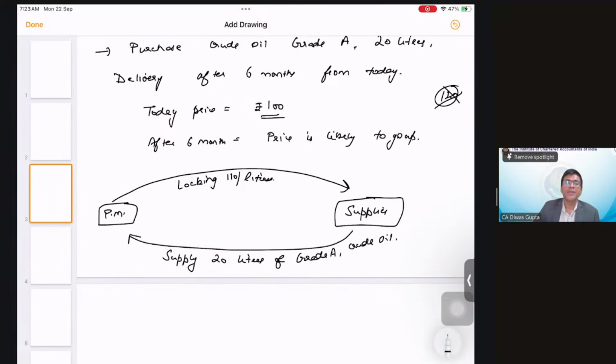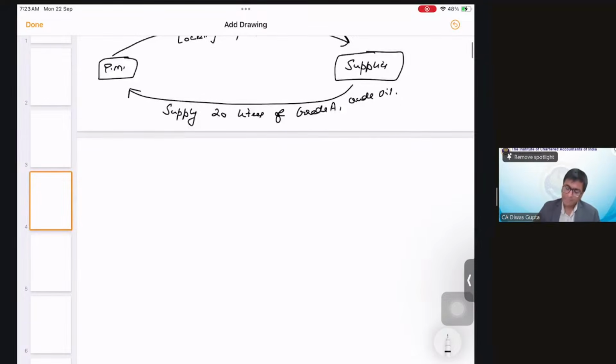Because the commitment or the financial contract or the financial instrument is happening today, but it will be executed after 6 months at a pricing which is dependent on the current market price of the underlying. The underlying is also defined here, crude oil, quantity and quality as well. Now let's see what happens after 6 months.